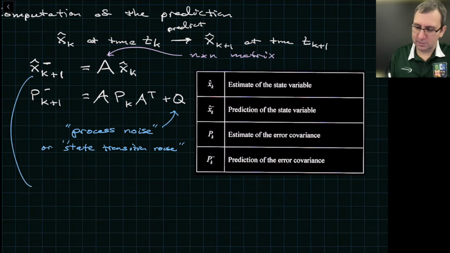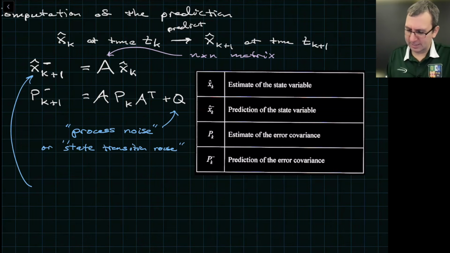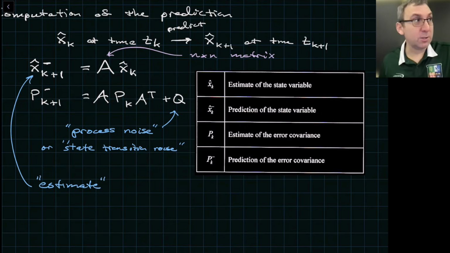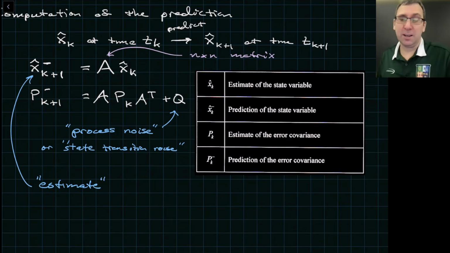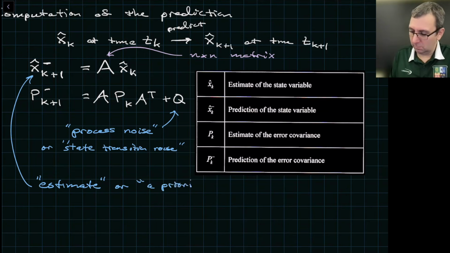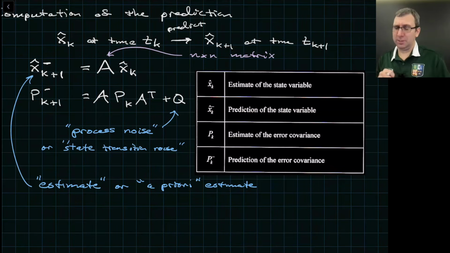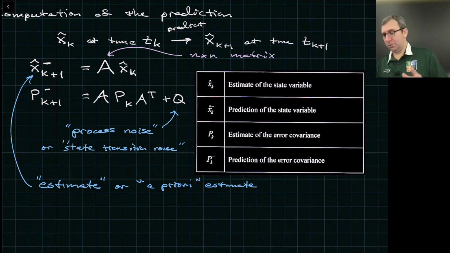This thing up here, x_{k+1}, that I said is the estimate, some books and some people will call it an estimate. Others will call it the a priori estimate, meaning before we take a measurement, this is what we expect. And then once we've taken a measurement, it's called the a posteriori.